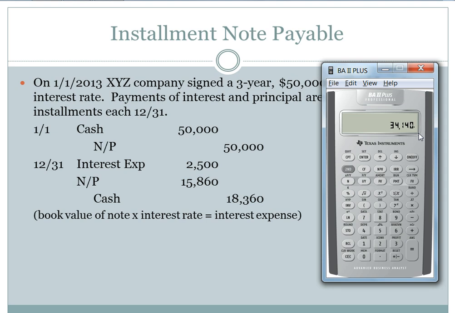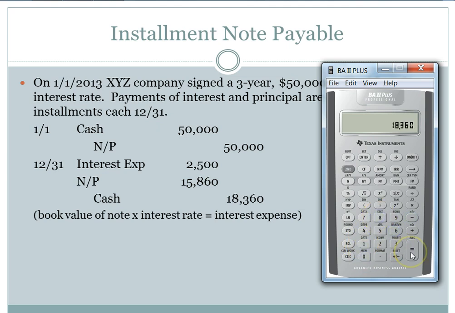Well, we would compute interest expense the exact same way every year. We take the book value of the note, which is now $34,140, and multiply that by 5%, and that tells me that my interest expense for 2014 is going to be $1,707. The difference between interest expense and the cash payment is the amount of my liability reduction.